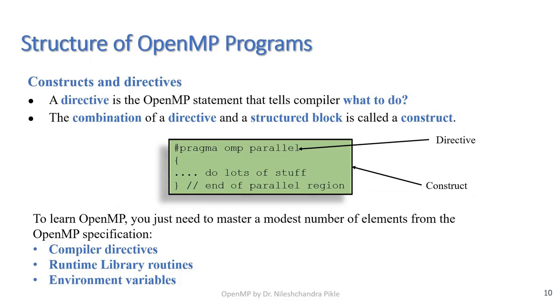The construct is this, the directive is this, and now you need to master a few elements, like compiler directives, runtime library routines, and environment variables. Some things will be covered in the next videos.